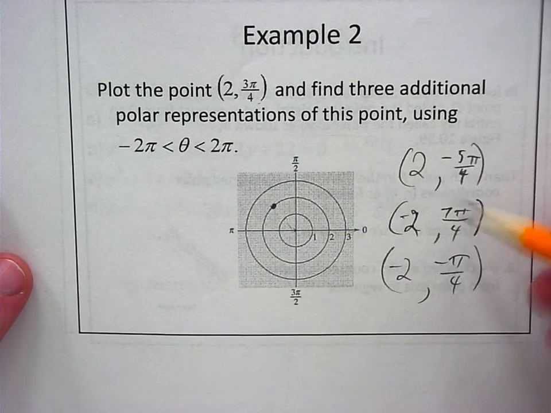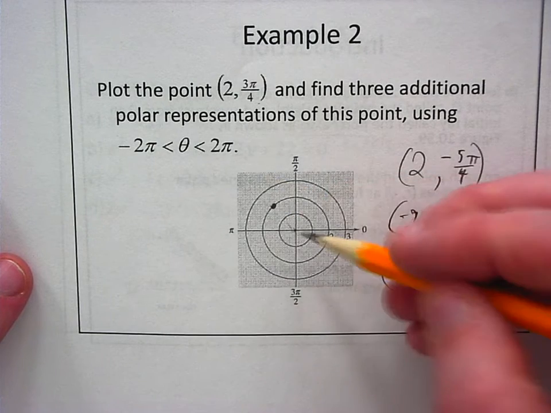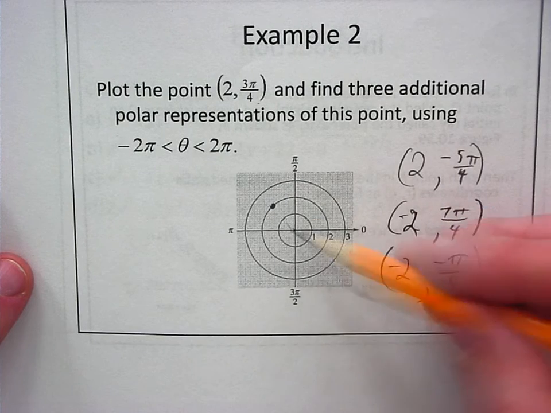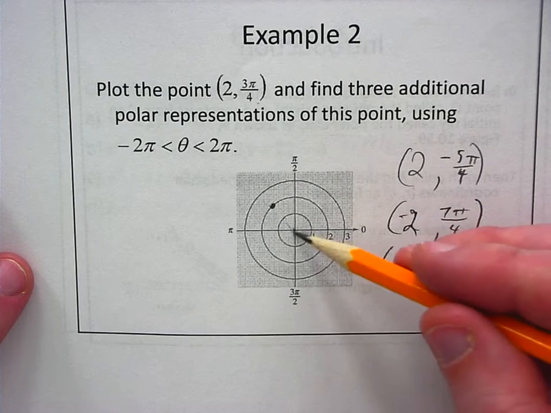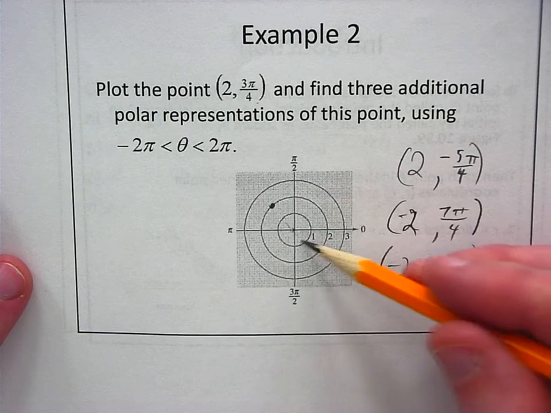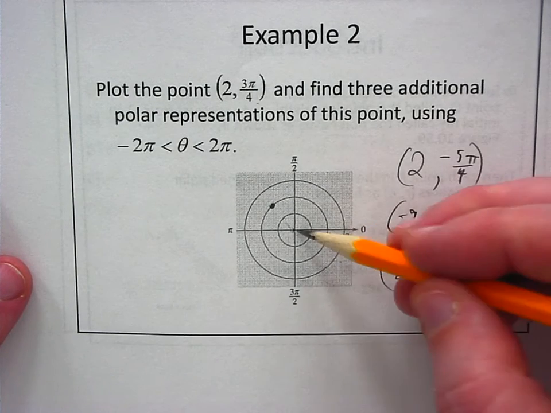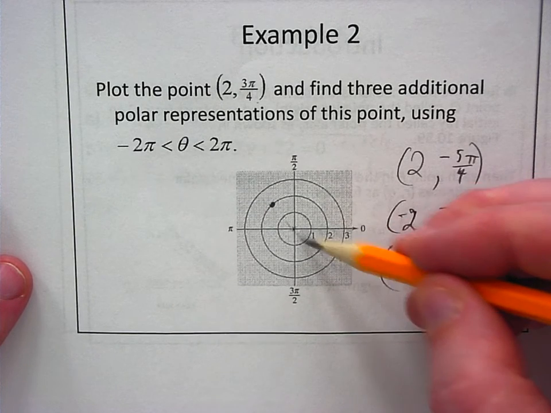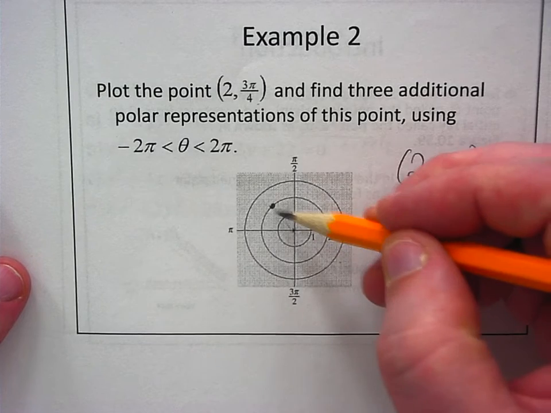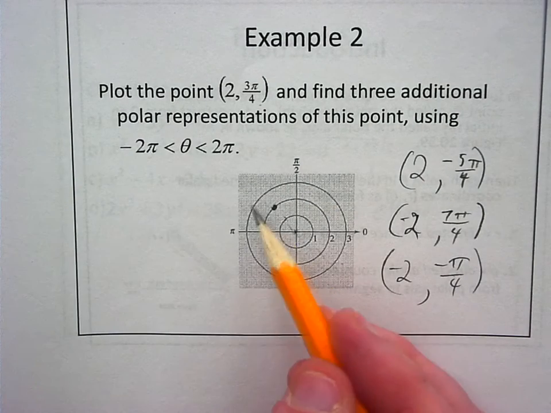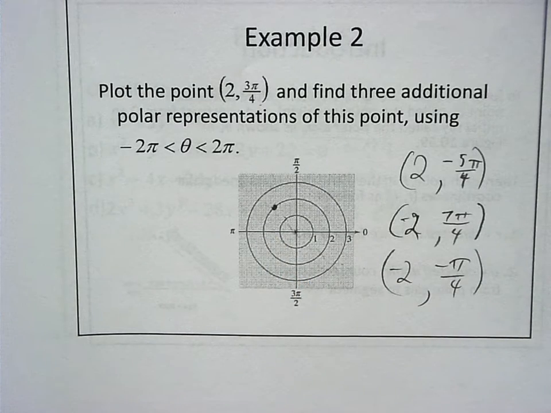Or the other way I can describe it is if I think about it, instead of thinking about this direction, what if I thought about this direction? Well, the 7 pi over 4 is in this quadrant, negative pi over 4 is this quadrant, same thing. But it's a negative radius, so instead of going along that line, I'm going to go opposite that line, 2, because it's negative 2. So I'm going to go back through the origin.